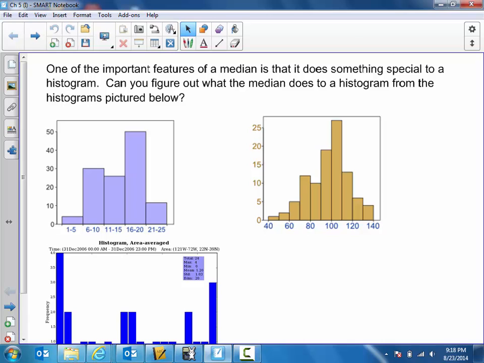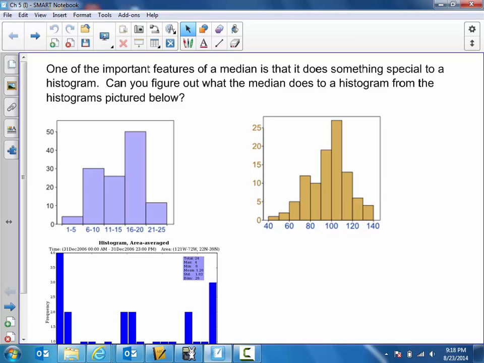Alright, so Chapter 4, we started to talk about descriptions and displays of quantitative data. What we didn't do too much in Chapter 4 is get at how we can summarize these distributions of quantitative data in a numerical way.